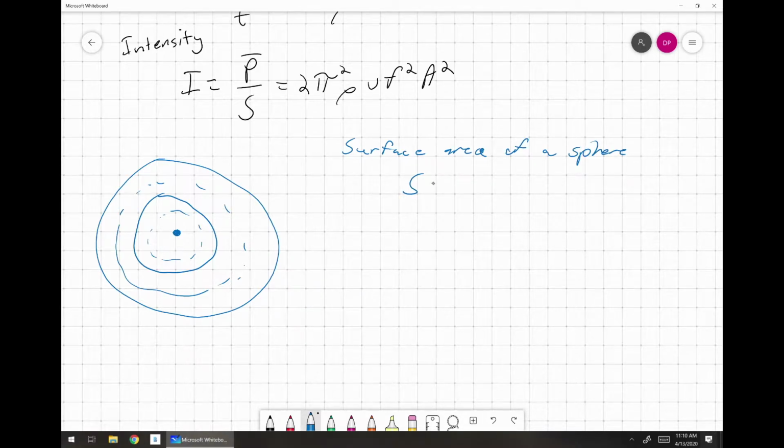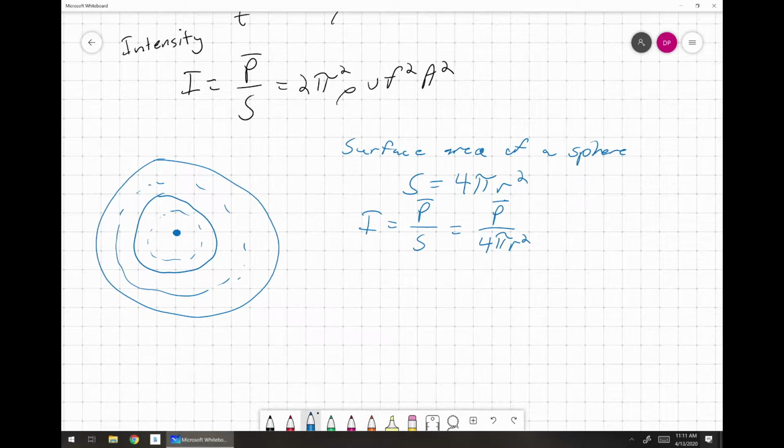And so the surface area then is 4 pi times the distance from our source squared. And so this would then mean that our intensity is the power over S, which is the average power over 4 pi r squared. Okay.